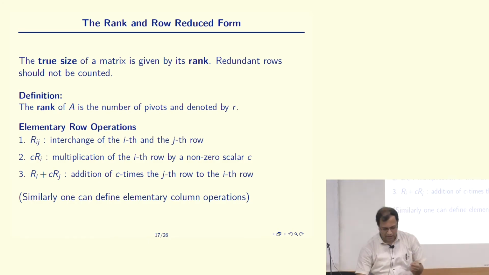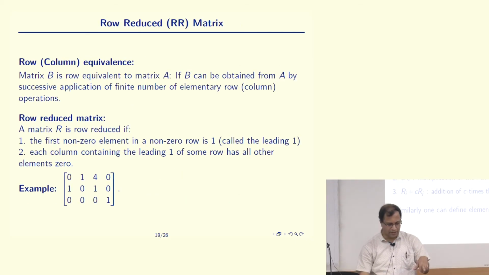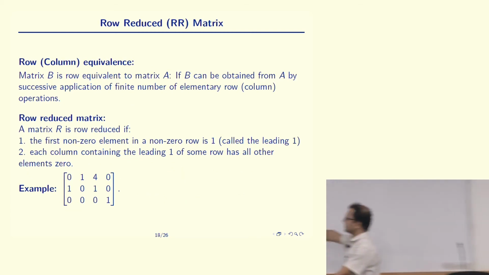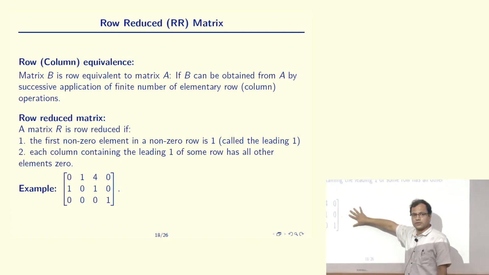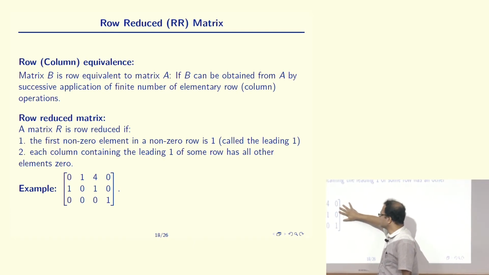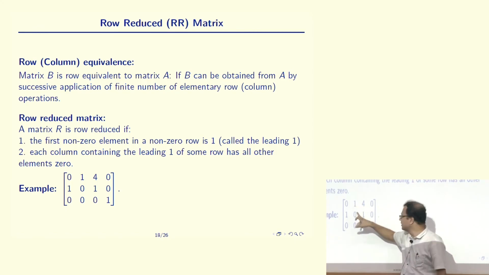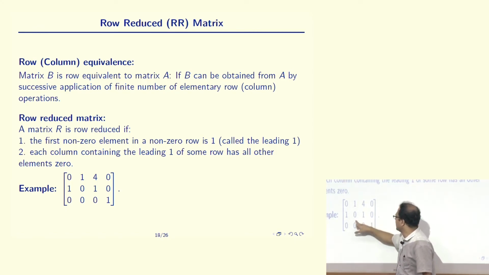Okay? So if you apply only 2 and 3 from this set of the 3 elementary row operations, then you will be getting this. This is an example, you can see the example of this matrix. So this is called the row reduced, where you have reduced, but you haven't interchanged to make it very systematic. If you interchange it, you will get a better matrix to see immediately that this will be your identity matrix.